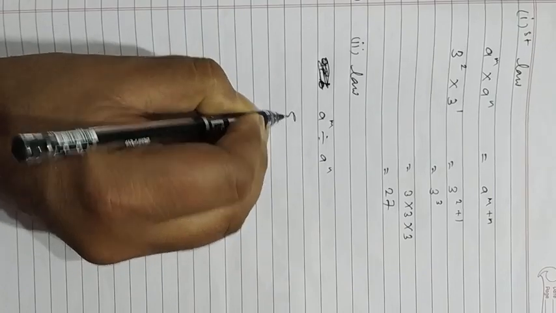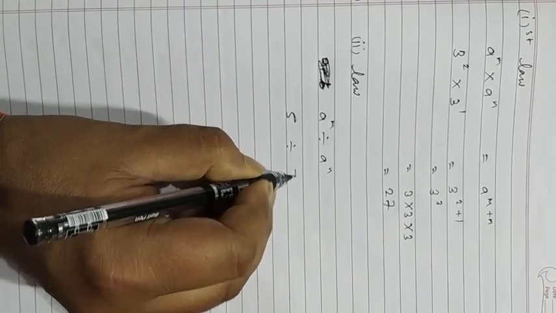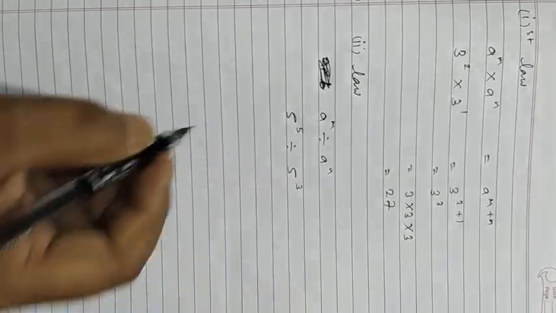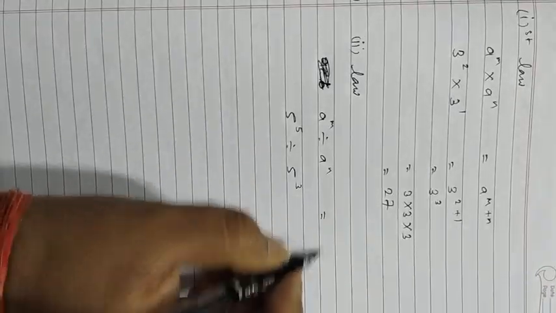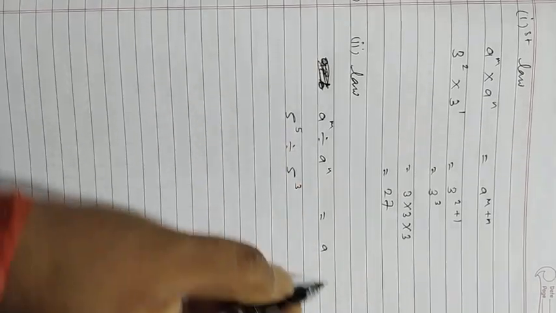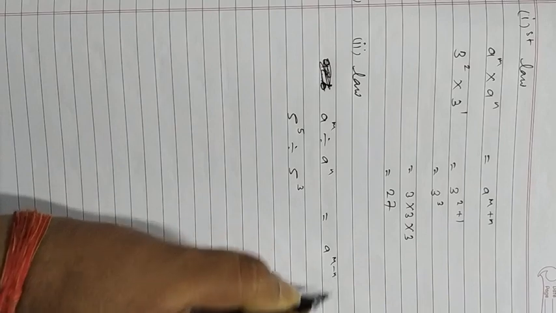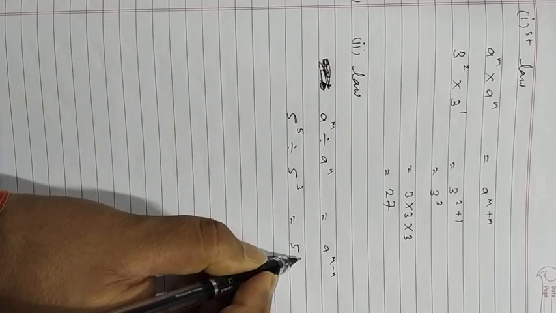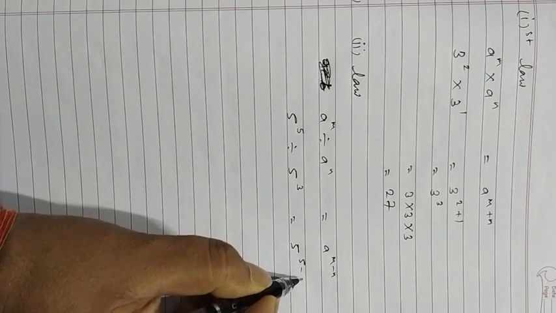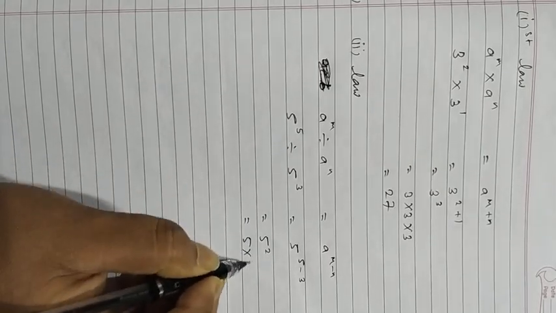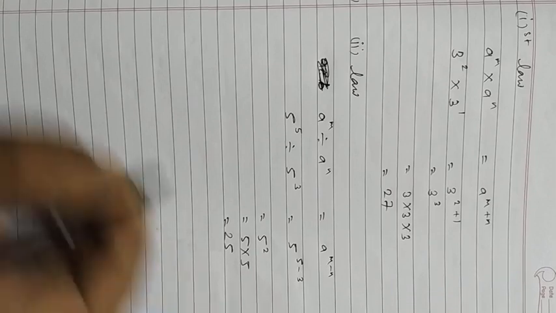Suppose I am taking a 5 as the base on both sides. Here is 5 and this is 3. Then the law states that the base should be taken common and power will be subtracted. So 5 raised to power 5 minus 3 gives you 5 square, and that is 5 into 5 gives you 25.